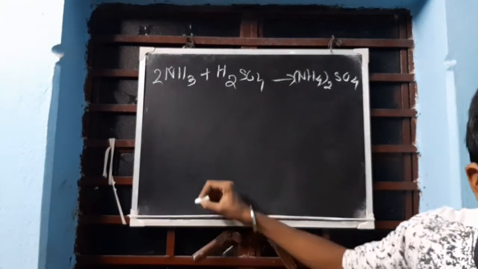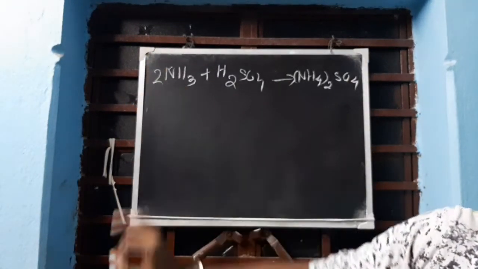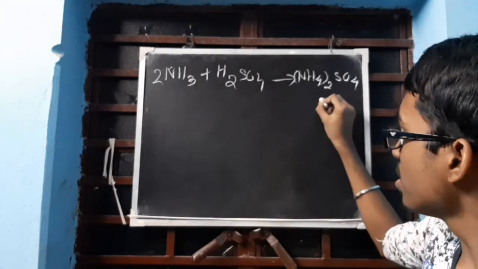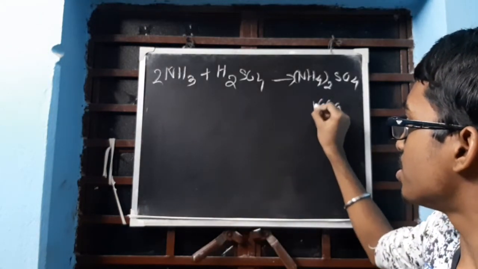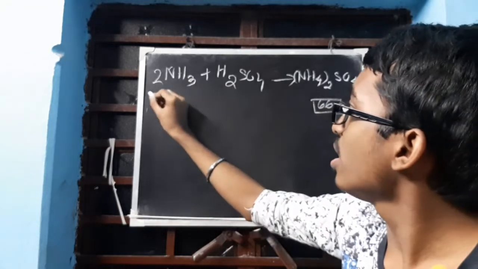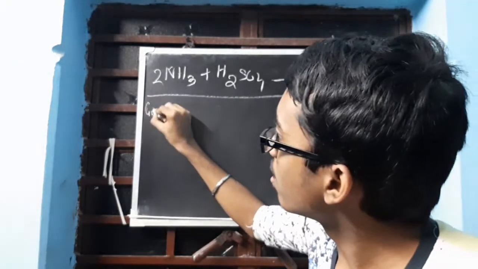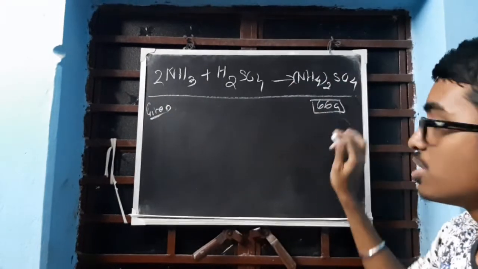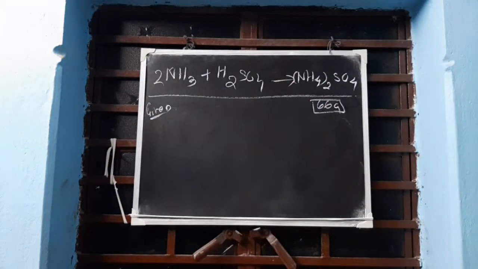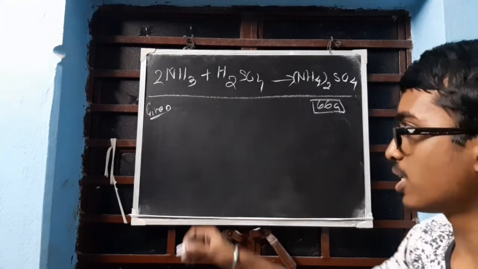Clear? Okay, now what is given? 66 gram. This value is given in the question. Putting a line over here. Given is 66 gram of ammonium sulfate is produced. Okay, now what is asked? Mass of ammonia required. So what is the mass of ammonia required? Okay, first let's understand.